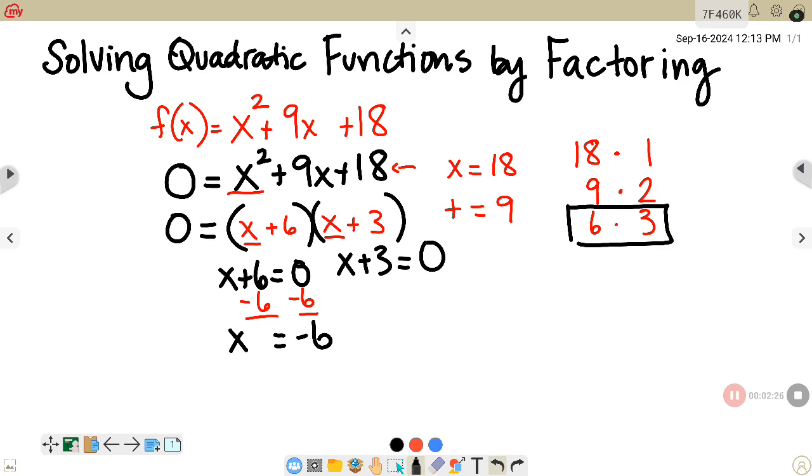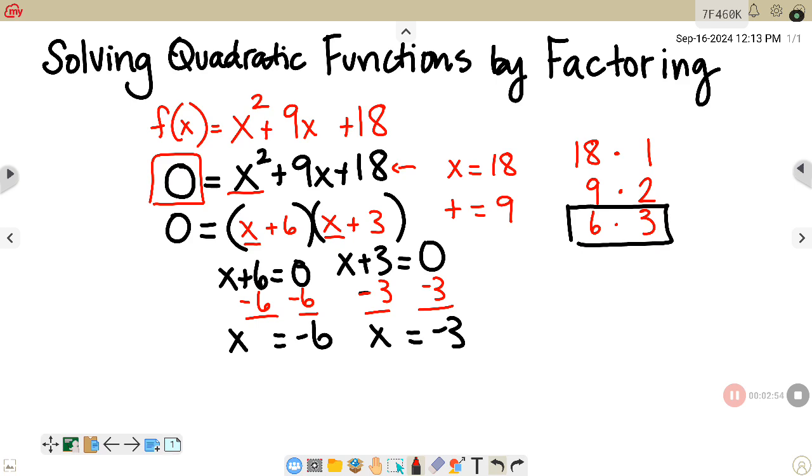And on this one, I will subtract the 3 from both sides to get x equals negative 3. Those are the two solutions. If you replace the x's in the original quadratic function or quadratic equation, those will both make the left side, or excuse me, the right side equal 0.